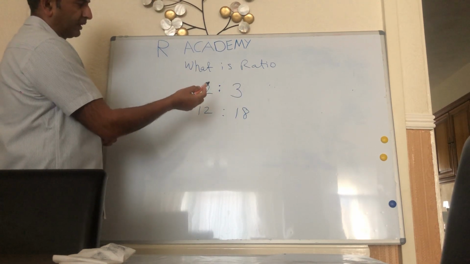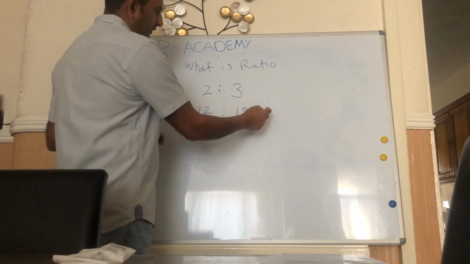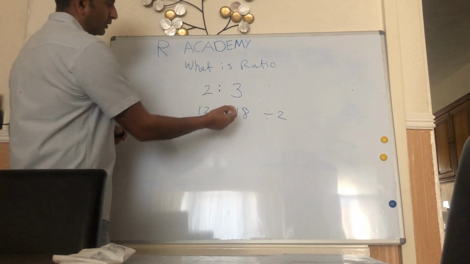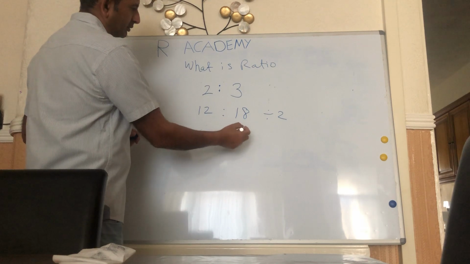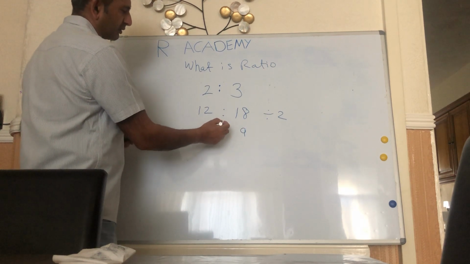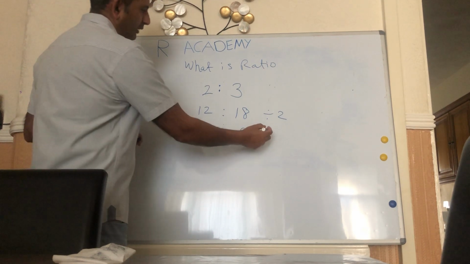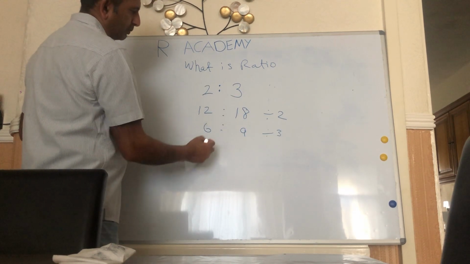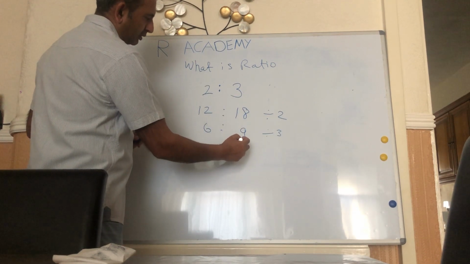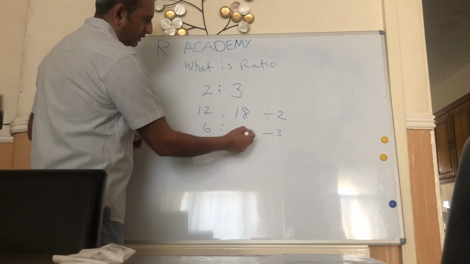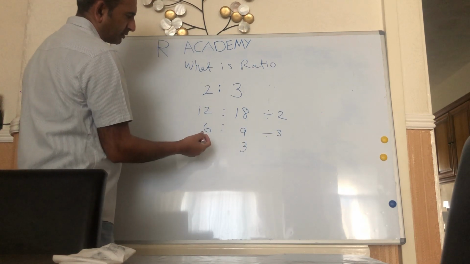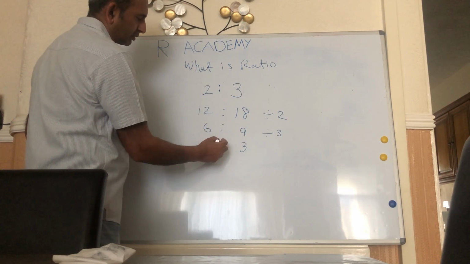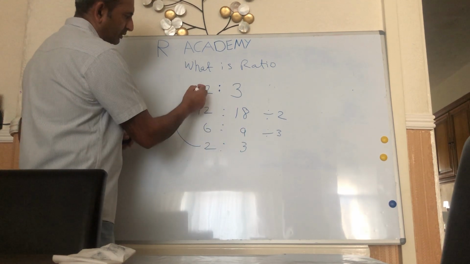And the proof would be that if we divide this by 2, this one would be 9, this one would be 6. Then we divide by 3, 9 divided by 3 is 3, and 6 divided by 3 is 2. So it comes back to it.